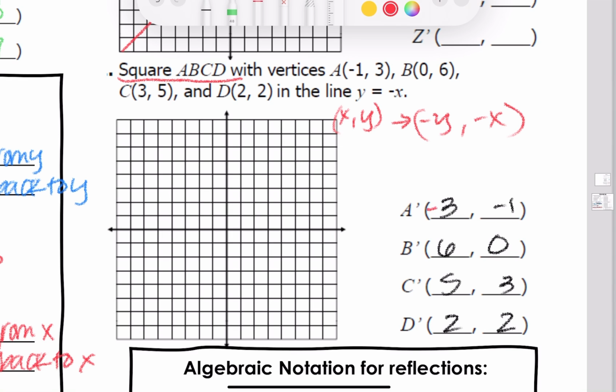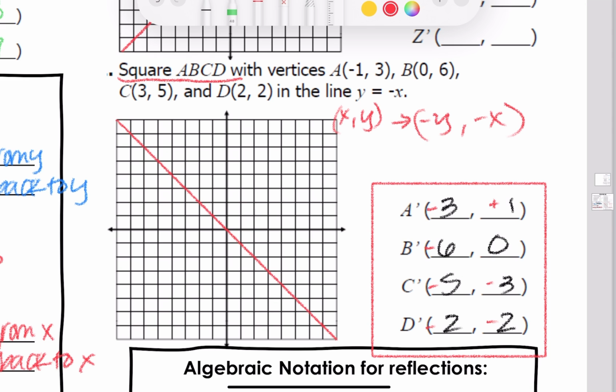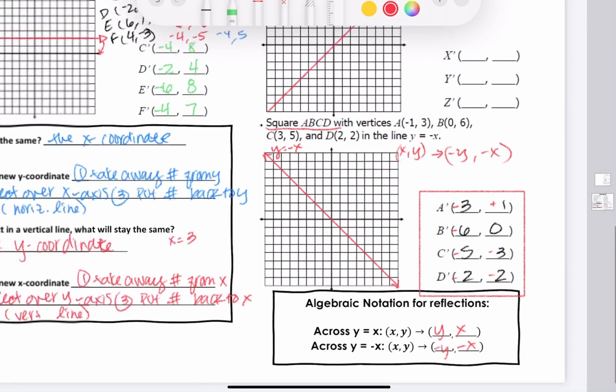This was a positive, becomes a negative. Was a negative, becomes a positive. Negative 0 is neutral. And this right here would be your final answer. And it's over this line right here, y equals negative x. All right, thanks for watching.